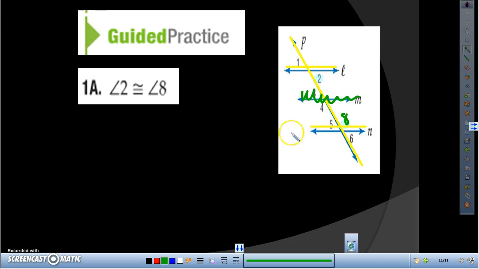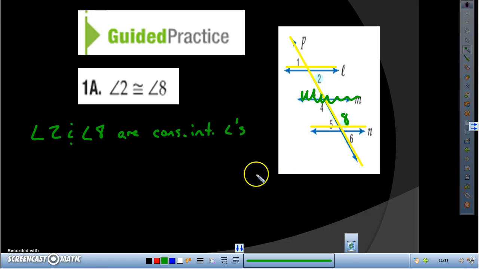Okay, so the first thing that I want to write is angle 2 and angle 8 are what kind of angles? Well, if they're on the same side of the transversal, they're going to be consecutive and not alternate. So consecutive, angle 2 and angle 8 are consecutive interior angles. Okay, well, what does that tell me?